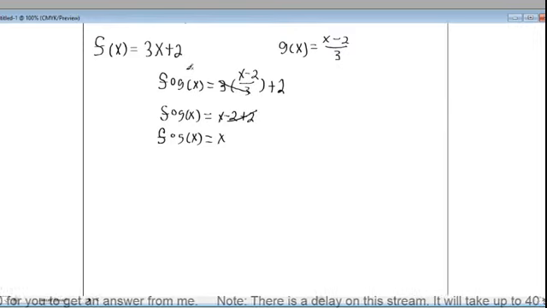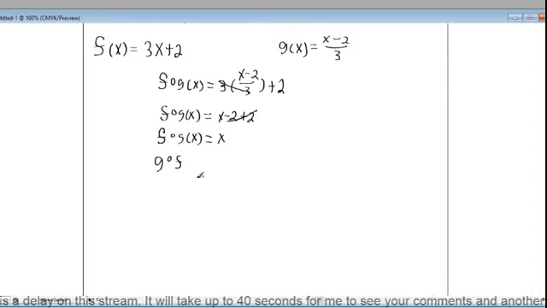Okay, well, let's just make sure that this works, and let's do g composed of f as well. So opposite directions time, g composed of f. We know that the last time that we did this, where we did f composed of g and then g composed of f, we got two different things. So maybe this will give us something different.